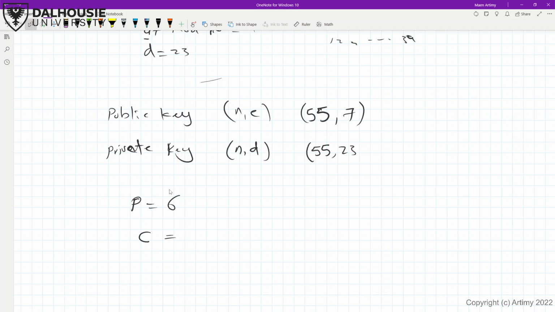So C equals P to the power E, so that I'm going to encrypt it, mod N. So that is 6 to the power E, where E is 7, mod 55. So let's use the calculator here.